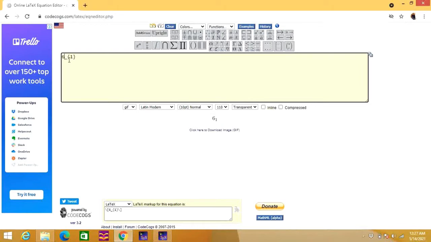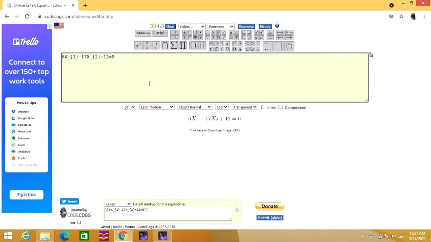You can write x here, so it will come as 6x1, and I need to write 17x2, 17 into x2. I need a subscript, so I am going to choose this. So x2 plus some value 12 equal to 0. This is the equation I need to write in LaTeX.